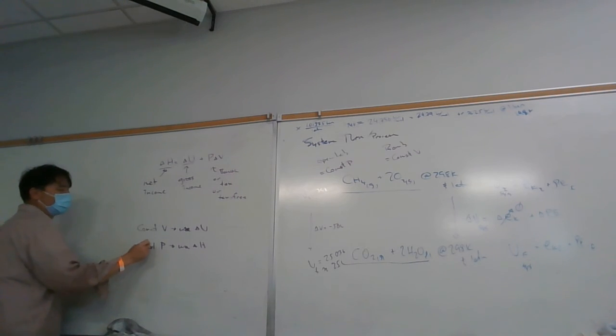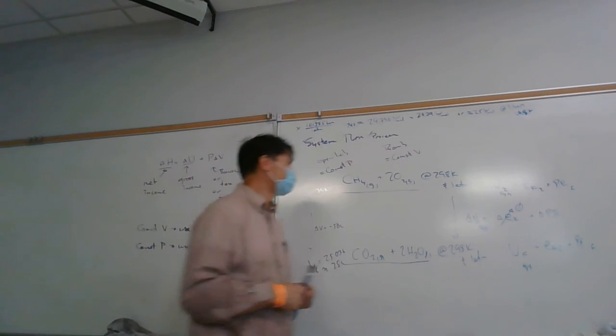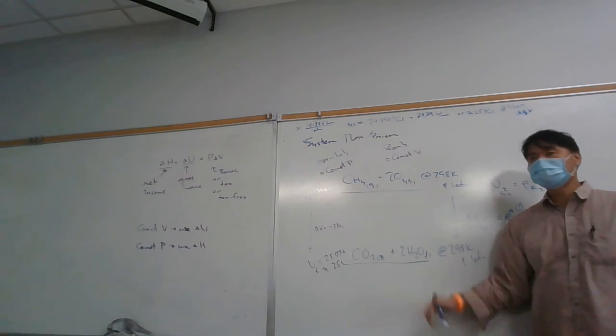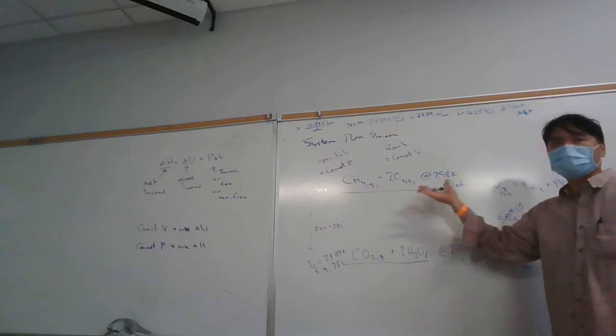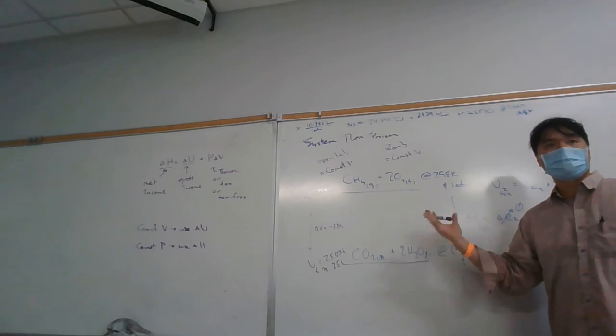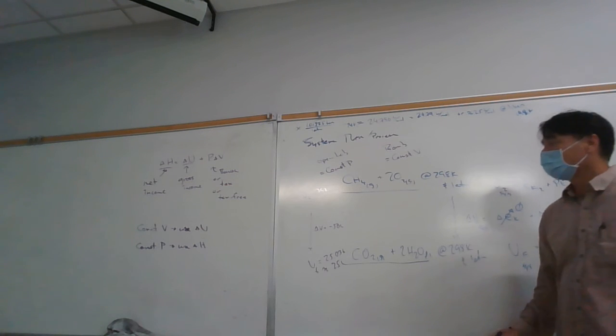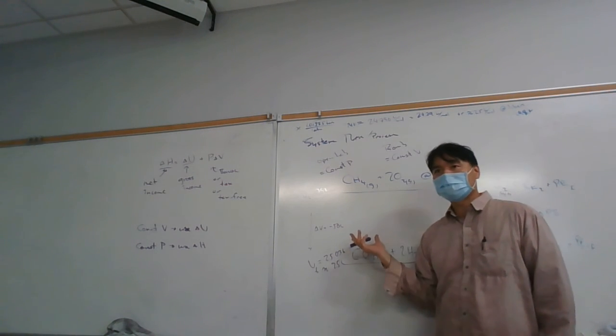So if I'm measuring how much heat I'm getting from this combustion reaction, most likely I'll do this in a bomb. But if I did this in a bomb, I'm not letting the surroundings interact with the system. The surroundings will be isolated from the system. So I'm not getting delta H from a bomb.